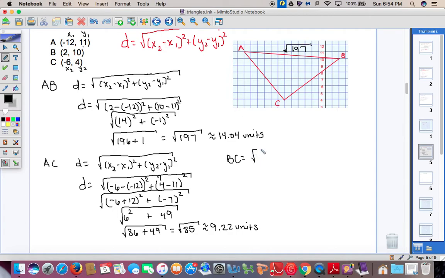If I do this for BC, I've got (x2 minus x1) squared plus (y2 minus y1) squared. I'm going to let B be my x1, y1.